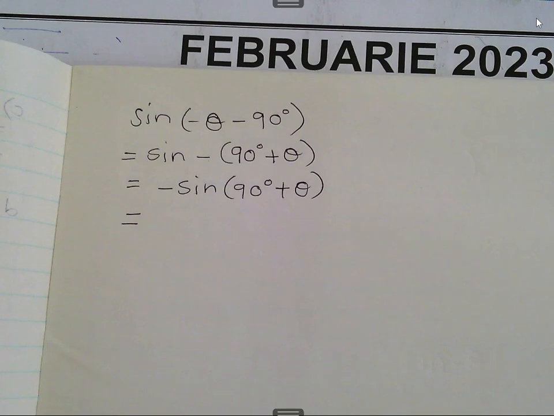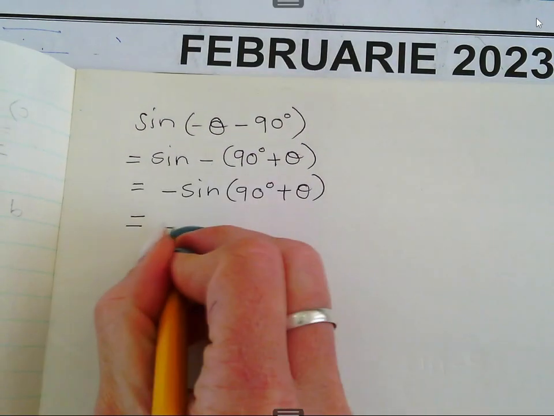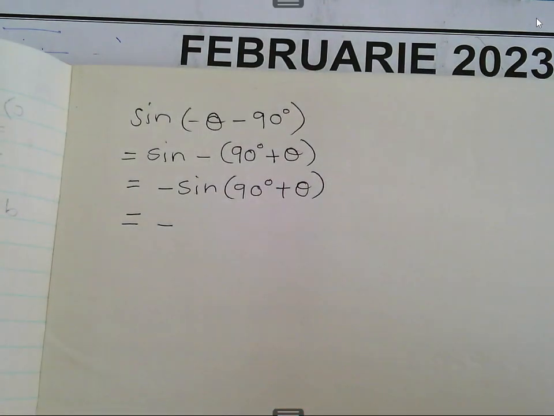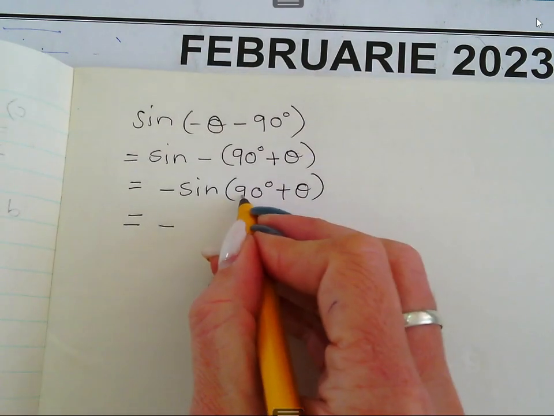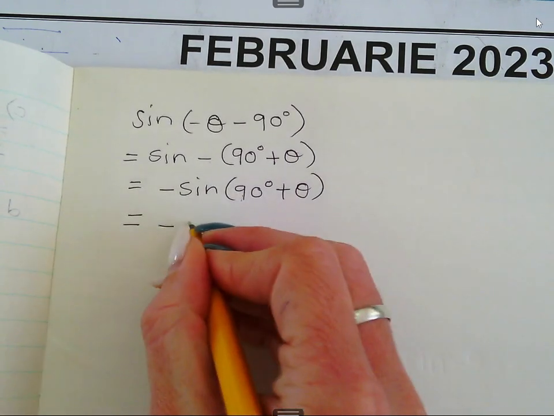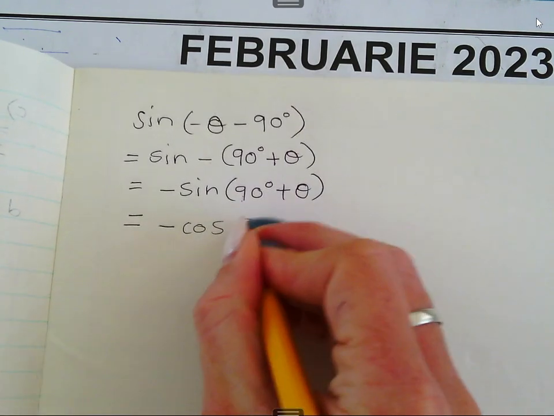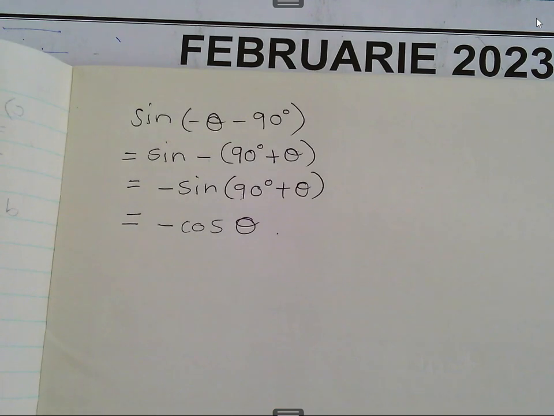What is it now? Still negative. And what do you see in there now, Refuwe? It's going to have to change to cos theta. All three of the things in one question: negative angle, quadrant sign, and then changing to cofunction.